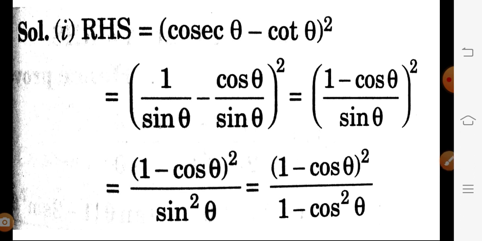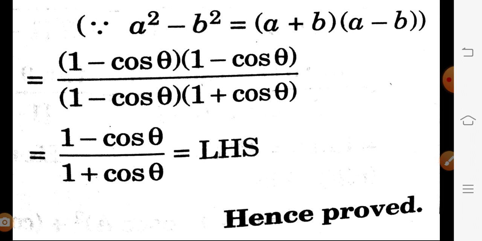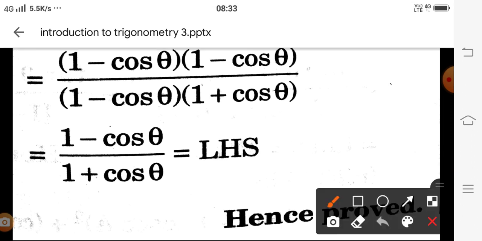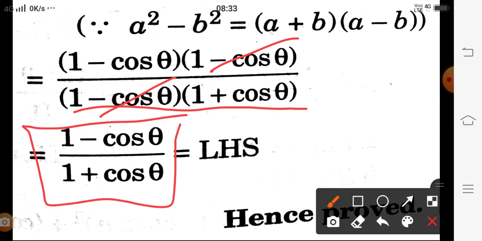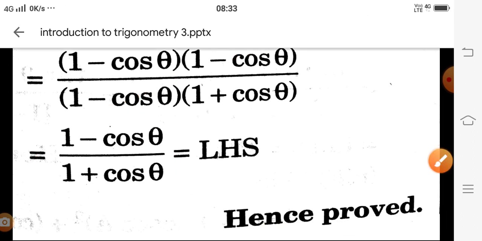And 1 minus cos square theta, if you consider, is the identity a square minus b square. Using this identity, 1 minus cos theta into 1 plus cos theta, these will get cancelled out, and we are only getting 1 minus cos theta upon 1 plus cos theta, and this is the required left hand side. Hence, we have proved the identity.